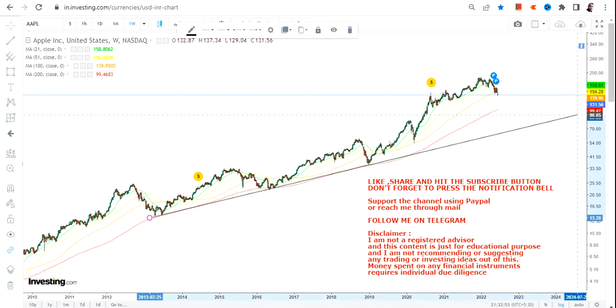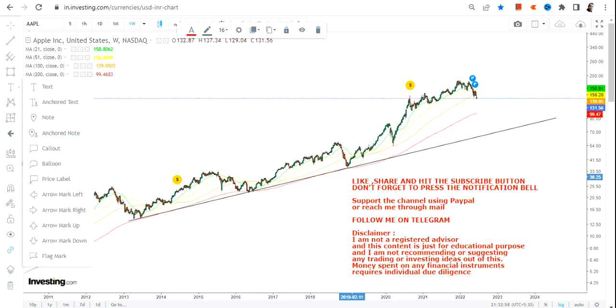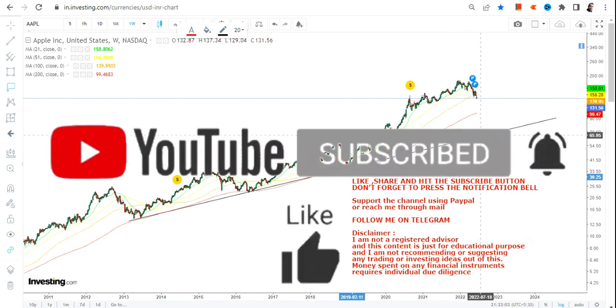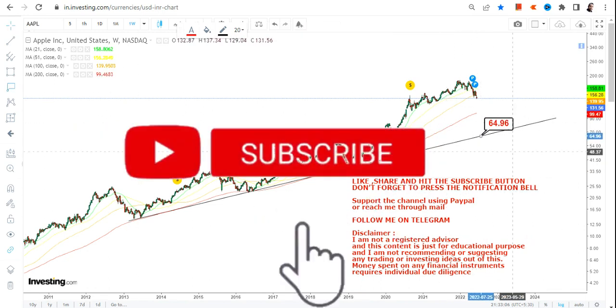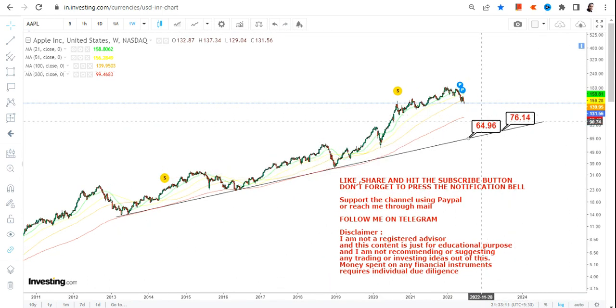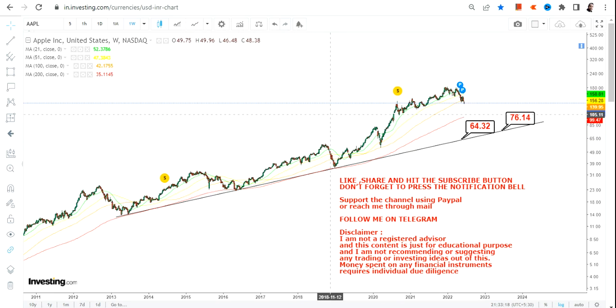And what this tells you is that if it falls below the 200-day moving average, then the big support that you're going to look at in the long-term, weekly chart of Apple is in between $65 and $76, which will give you a good opportunity to re-enter.